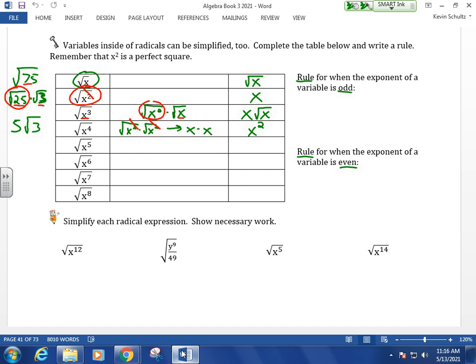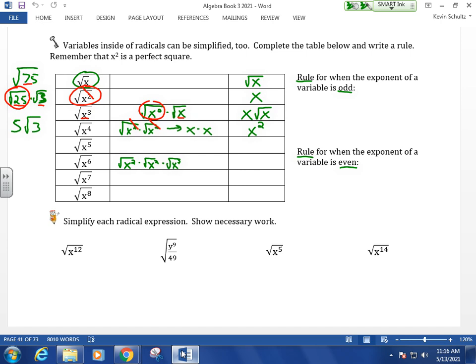But as long as we're kind of riding this train here, how many root of x squareds go into the root of x to the sixth? 3 of them, right? We can rewrite the root of x to the sixth to be the root of x squared times the root of x squared times the root of x squared.